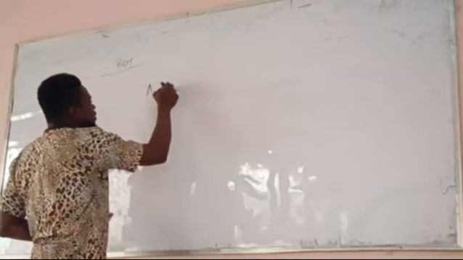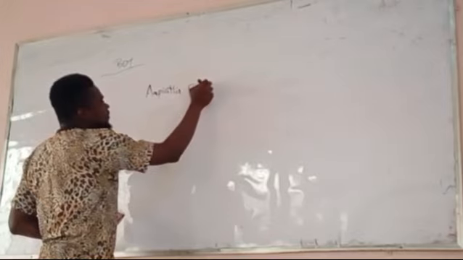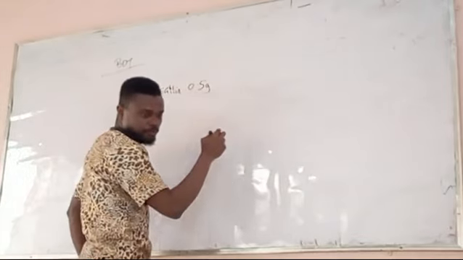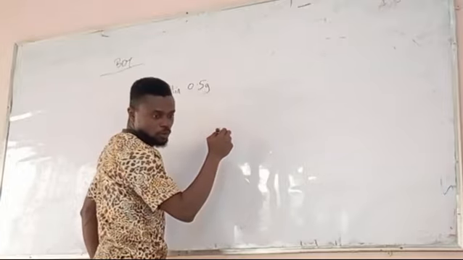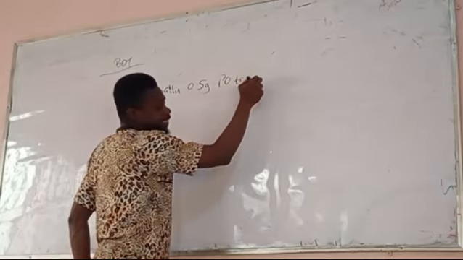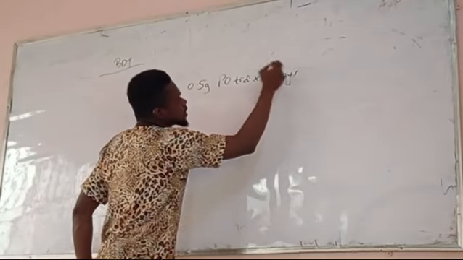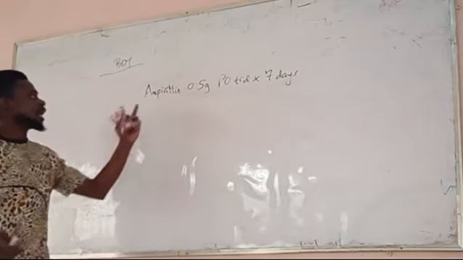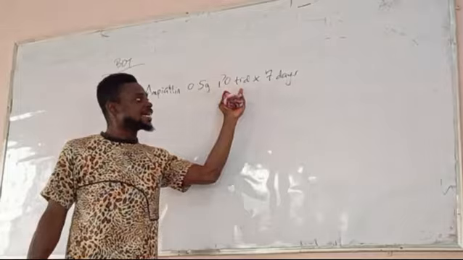Ampicillin, 0.5 gram, PO, TID times 7 days. That is the prescription.